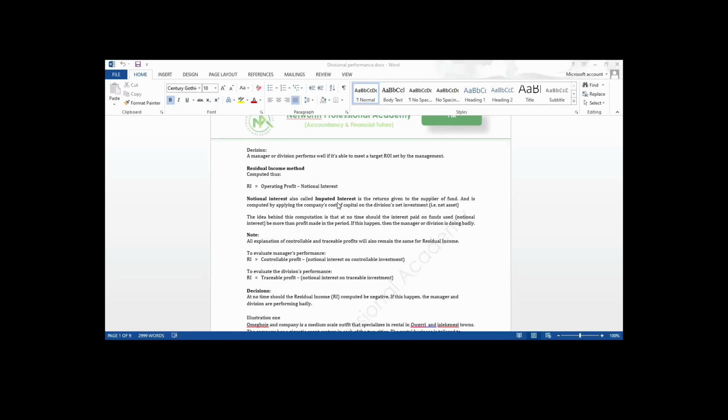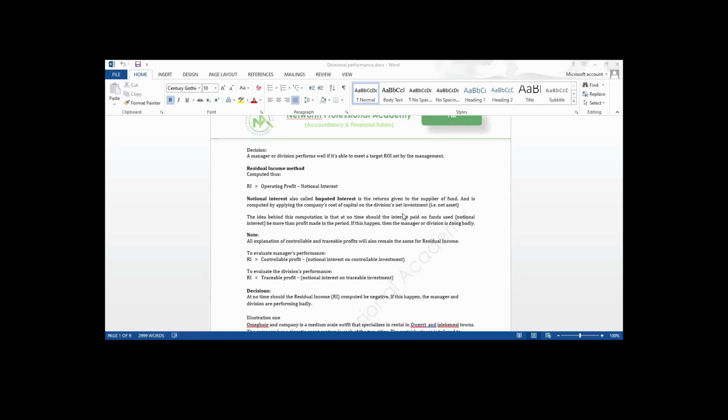Look at it here. The imputed interest is the return given to the suppliers of funds and is computed by applying the cost of capital to the division's net investment. That is your capital employed. Just calculate the cost of capital multiplied by capital employed. That will give you the imputed interest charges.